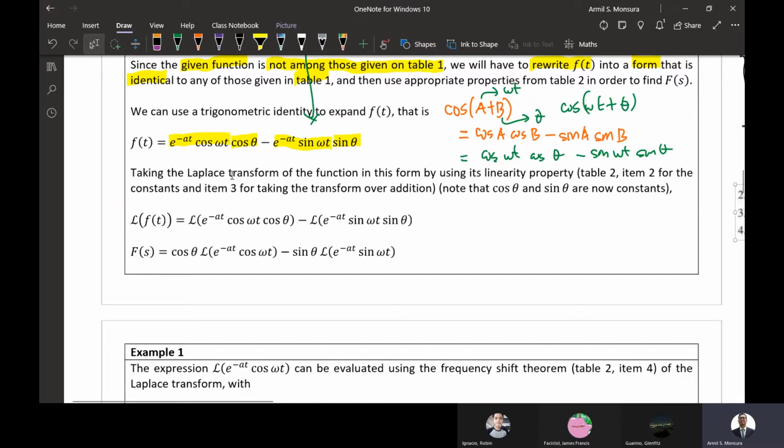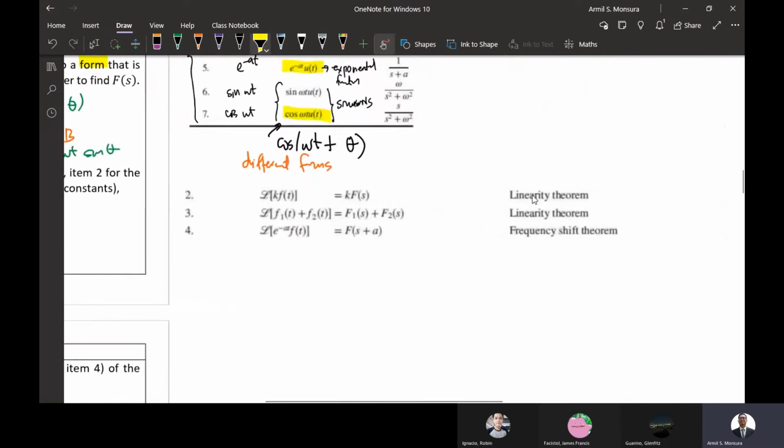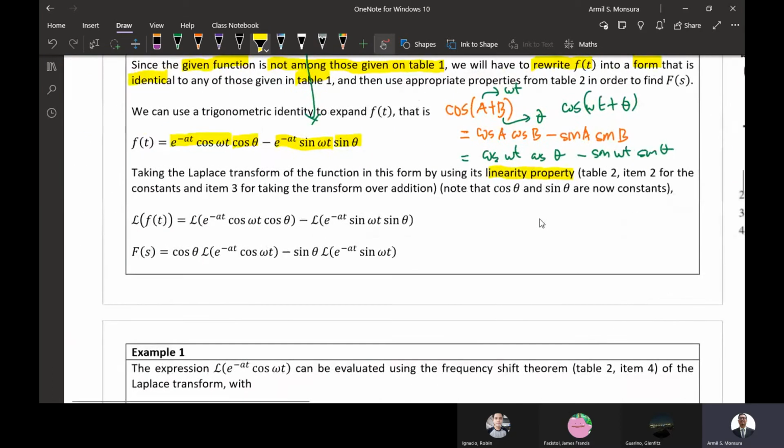Pero ito na yung part na pwede natin siyang gamitan ng identity ng properties. Okay. So, unang-una, pwede niyo siyang gamitan ng linearity. Okay? You can use linearity. Dalawang linearity kasi yan. Yung ito, this is linearity in terms of scaling. Okay?